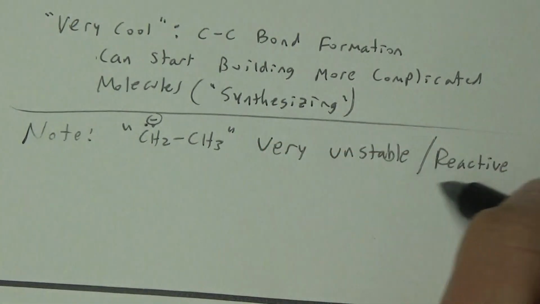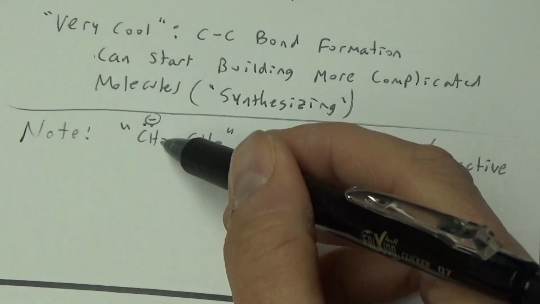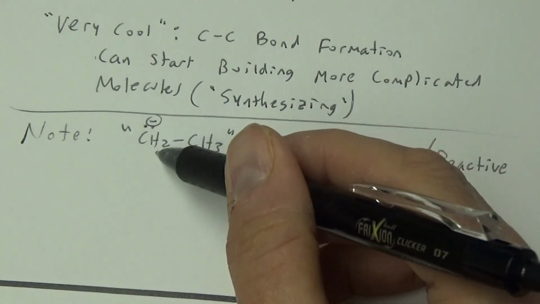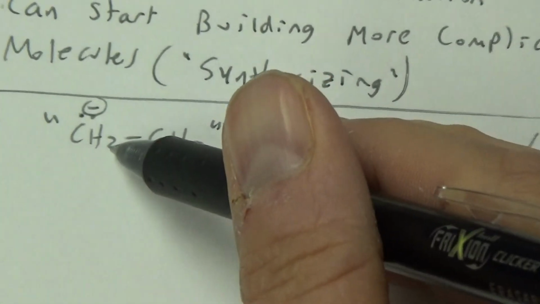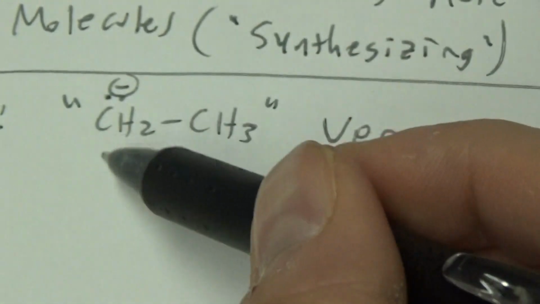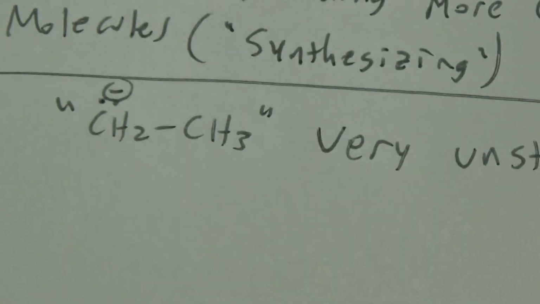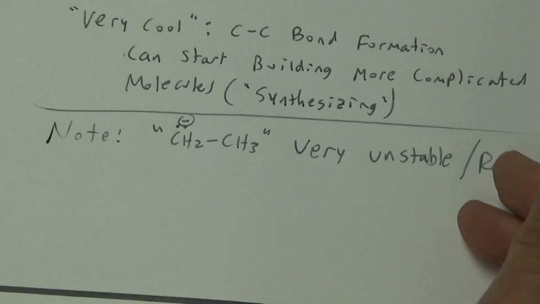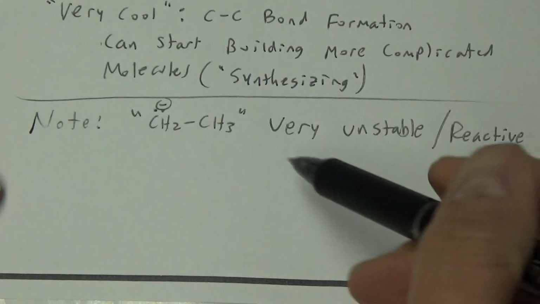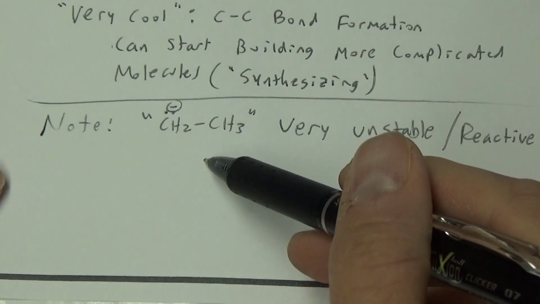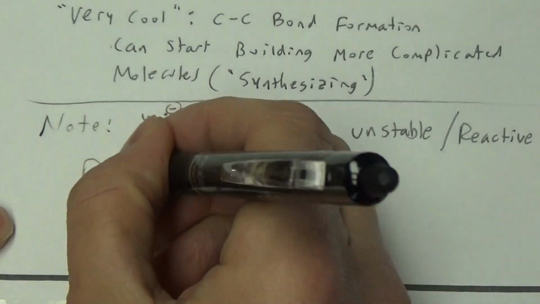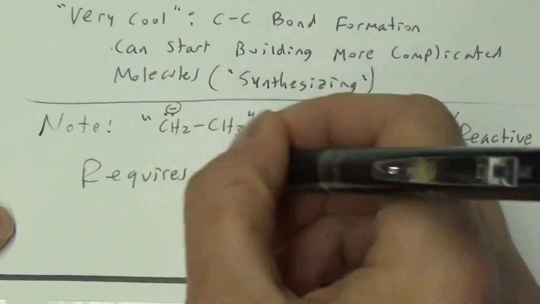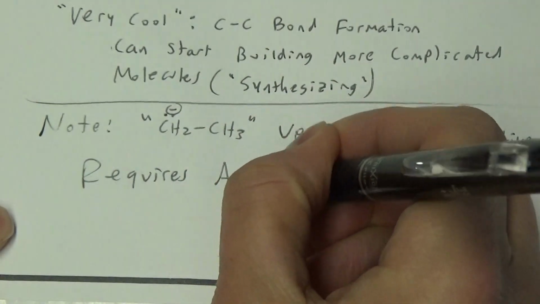Why is it so unstable and reactive? Well, carbon with a negative charge on it is very unhappy. Carbon's not electronegative, and so carbon doesn't like having that negative charge on it. And so it's very, very reactive as a nucleophile and also as a base. So any water around will destroy it. So this requires anhydrous conditions.